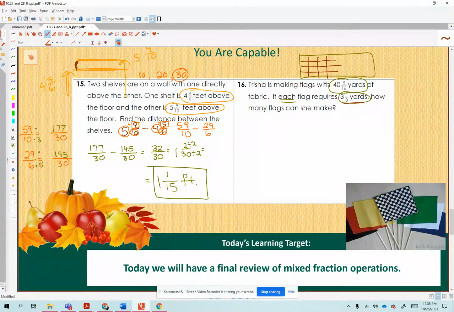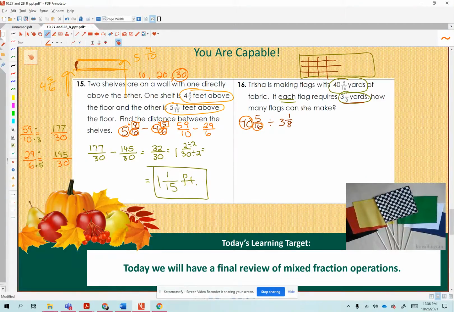So this is a division problem. This is 40 and 5/16 divided by 3 1/8. And our first step will be to turn those into improper fractions. It's going to be a big number. You're going to need a calculator here.